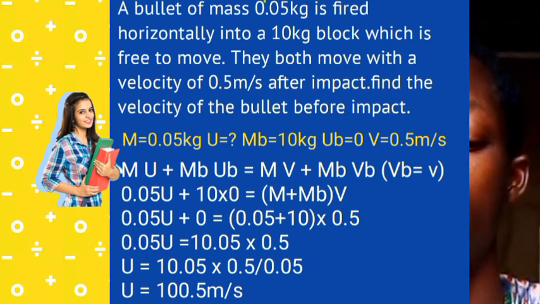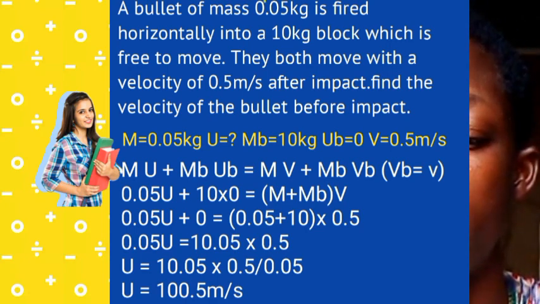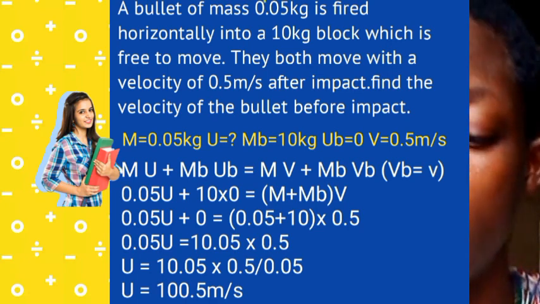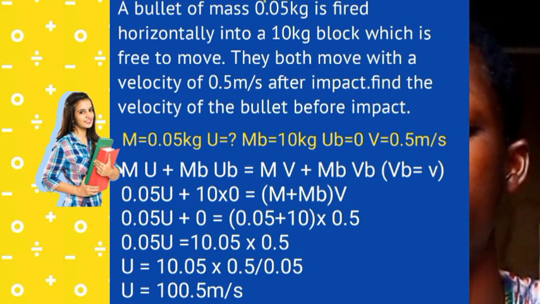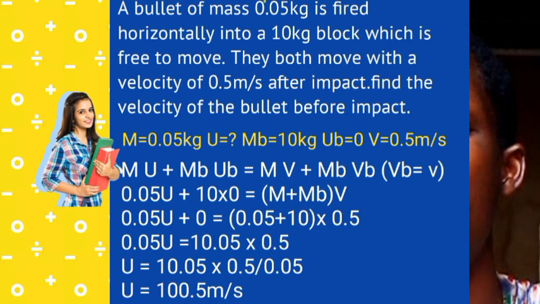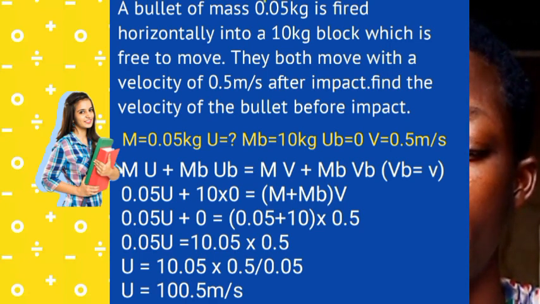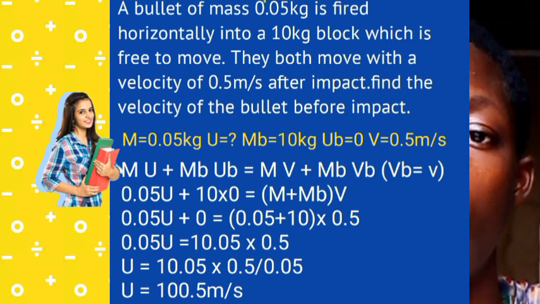That is 0.05 times u1 plus 10 times 0 equals m1 v1 plus m2 v2. And the answer is 100.5 meters per second.